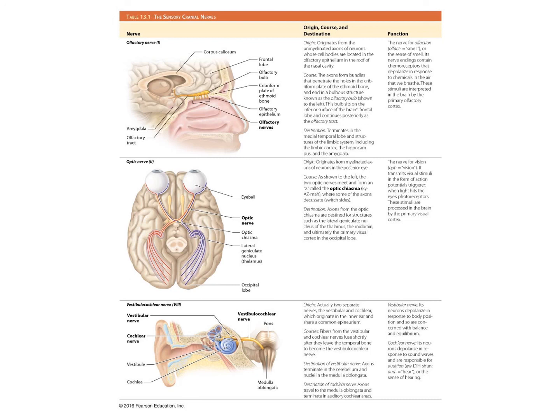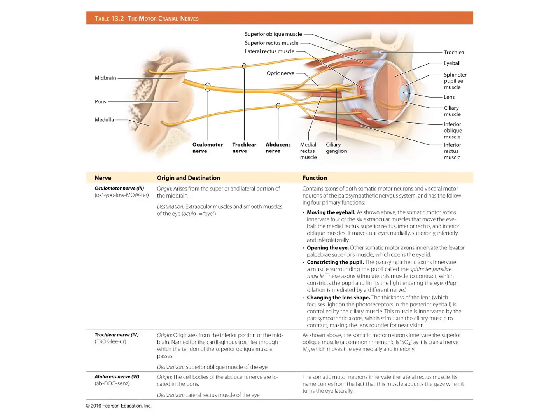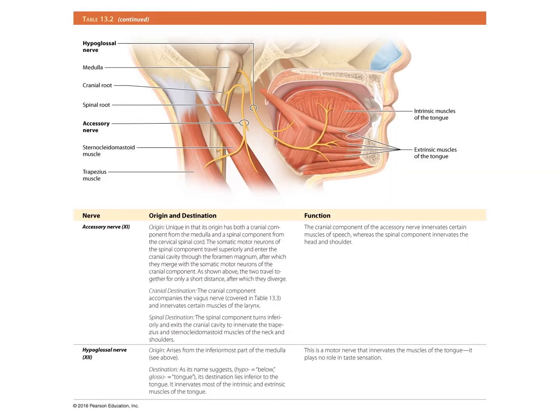So you might use that for studying, but this is just a reference if you don't have access to the textbook. And so you're going to have to learn the name, number, function, destination, and origin for each of the cranial nerves.